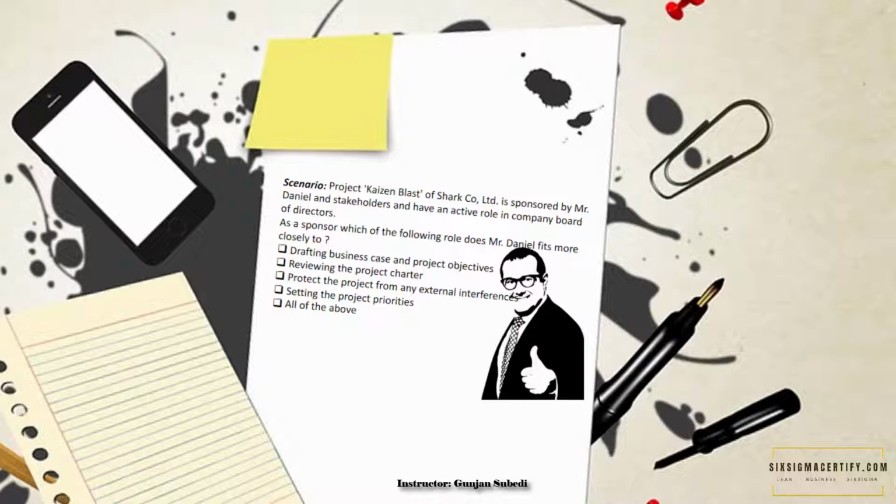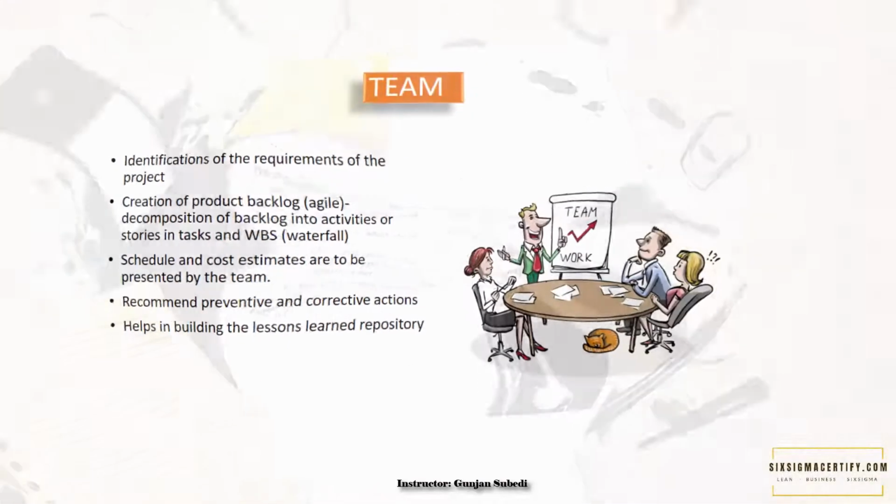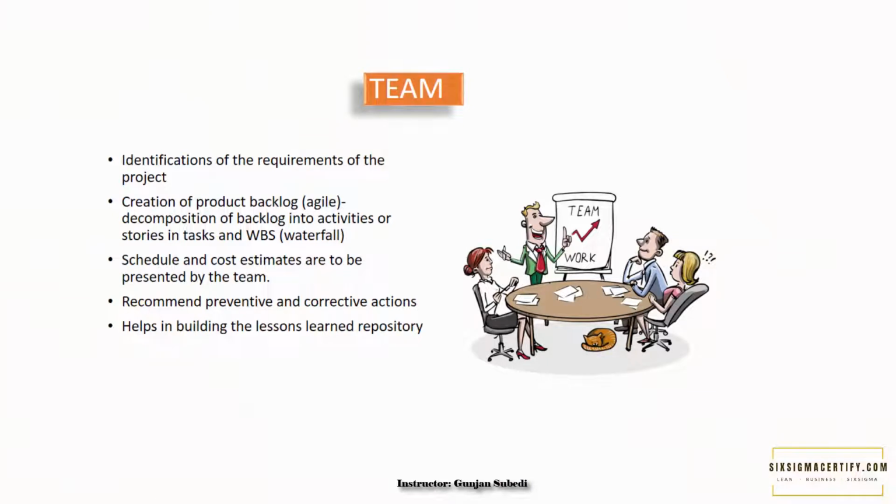After this, let's closely look at some of the main key duties of project team members. Note that the project managers, sponsors, and team members have many other duties, but I have listed only the important points which could be valuable from an exam perspective. I will just read the important points out here. What are the responsibilities of a team member in a project?